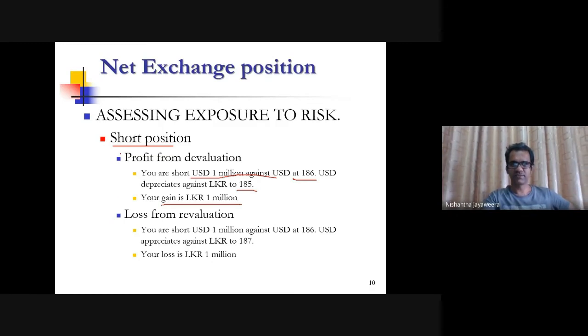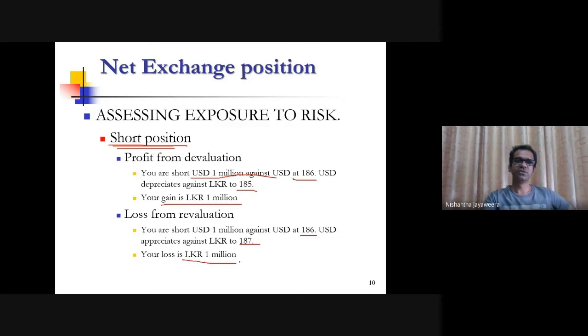But on the other hand, whenever you have a short position in foreign currency and the foreign currency appreciates from 186 to 187, you make a loss of 1 million rupees.